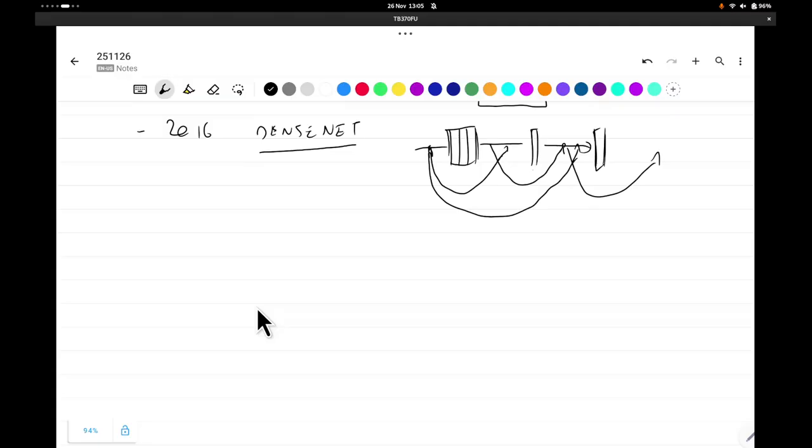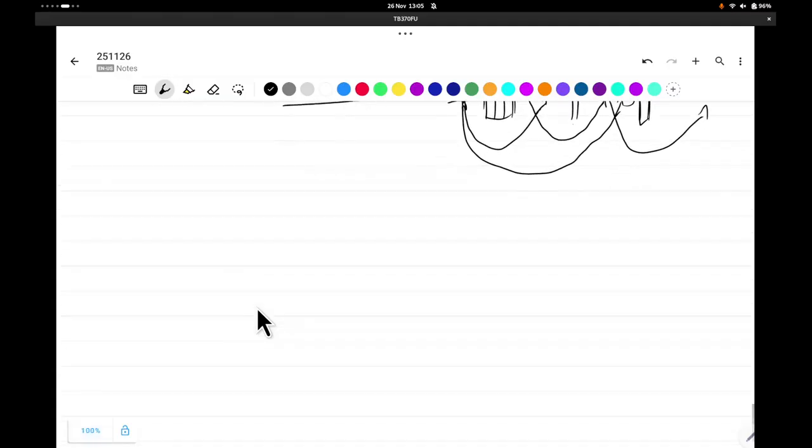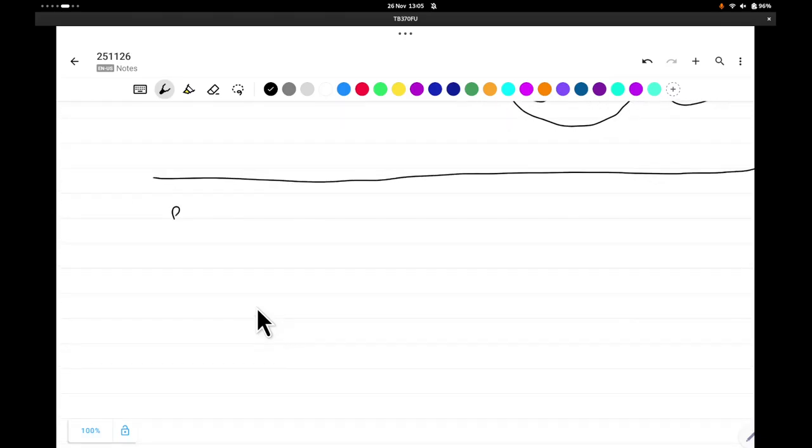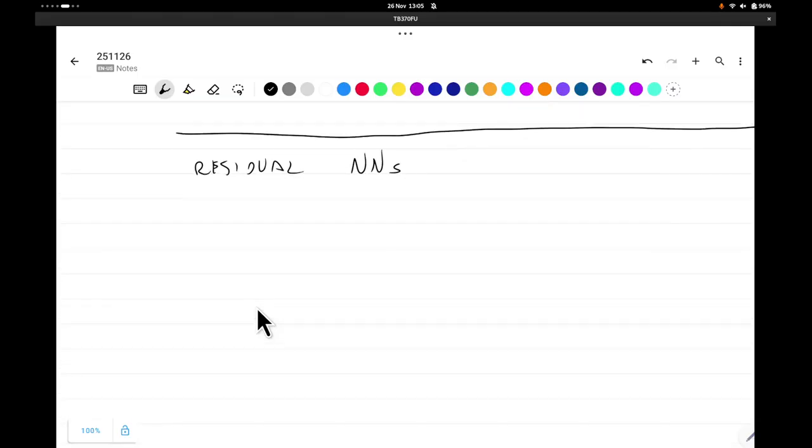Let me just introduce the next big block of network architecture.